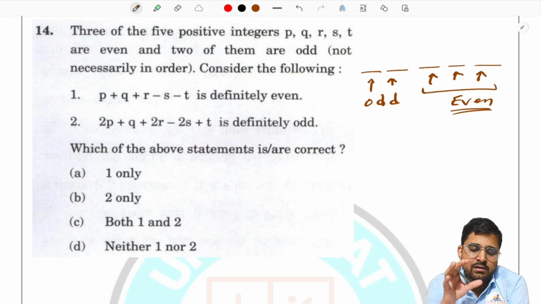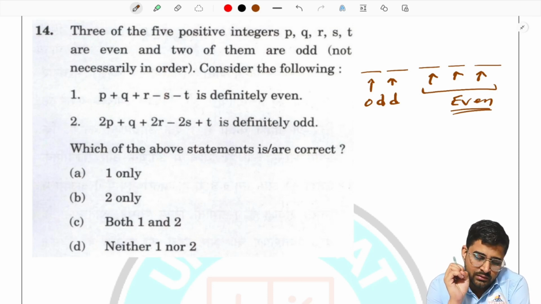If you fail to prove that statement wrong, then the statement given in the question is very much correct. And if you find a single argument which denies the statement, then that statement cannot be true, which means you have to mark it wrong. That's how you have to attempt this kind of question.